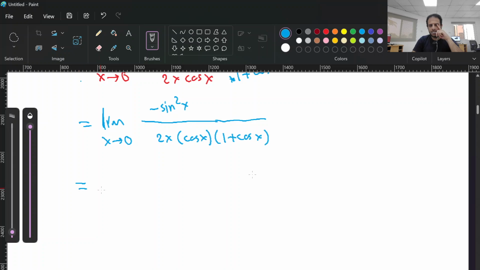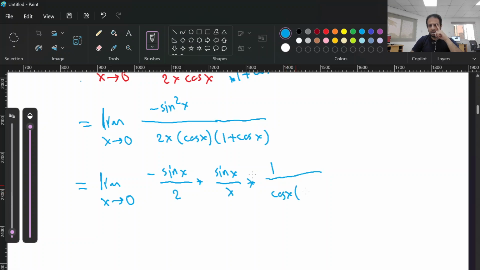Now you have as follows. You have limit as x goes to 0 of minus sine x over 2 times sine x over x. Do you see the idea now? 1 over cosine x, 1 plus cosine x.